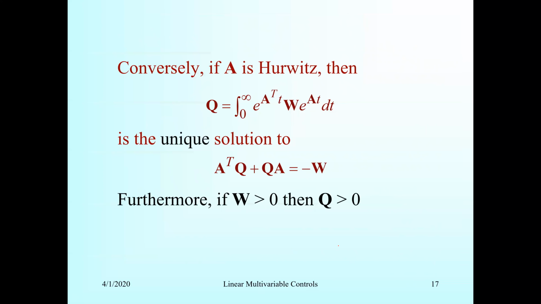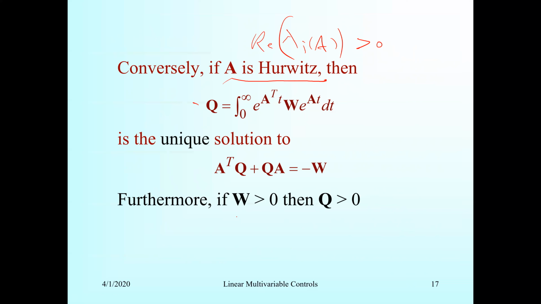So conversely, let's see how we argue. Let's assume that A is already Hurwitz. That means the real part of lambda_i(A) is less than 0, not less than or equal to 0. Okay, so it's the unique solution for that.